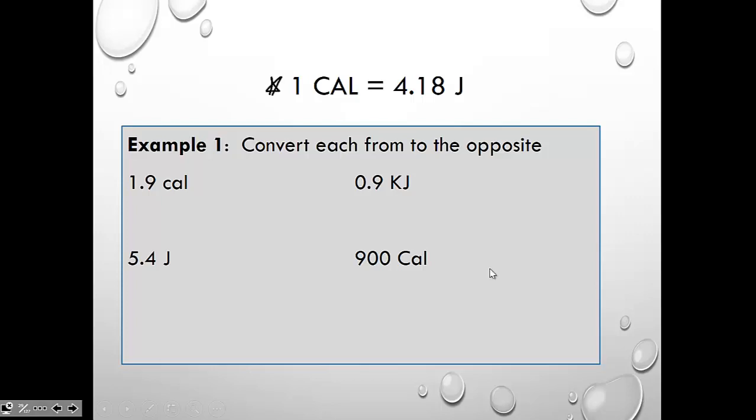So if I have 1.9 calories and I want to know how many joules that is, I can put calories in the denominator so that it cancels out and convert to joules. For every 1 calorie, there are 4.18 joules. So 1.9 calories would be 7.94 joules.